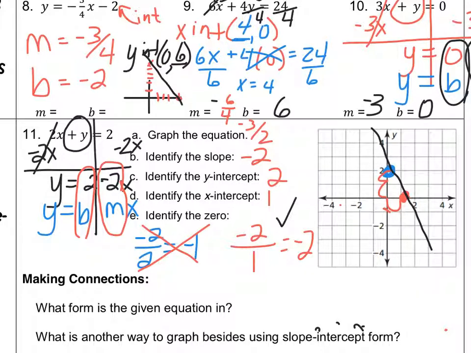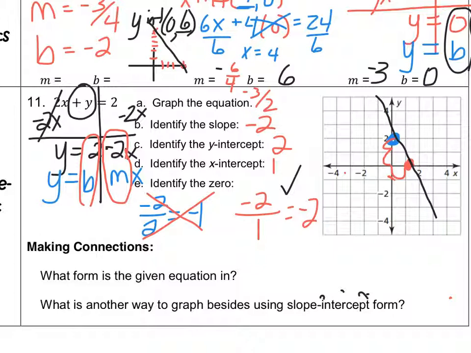And then it says identify the 0. Well, the 0 is always the x-intercept. Maybe the easiest way to remember the 0 is that the y-intercept already has a job. It's the b. It's in the equation. It's our constant. It's already got a job. So the x-intercept is going to be the one that's going to be our 0.